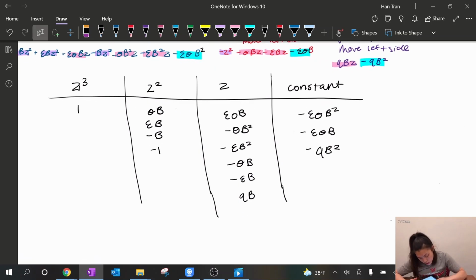So to simplify a little bit, we can combine these two to be negative beta squared multiplied by sigma plus epsilon. We combine these two to be negative beta times sigma plus epsilon.